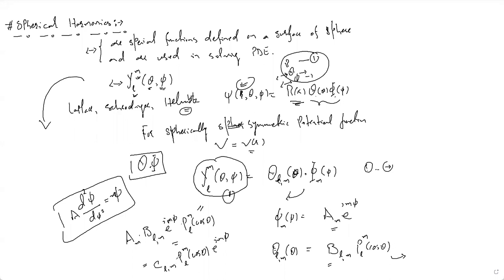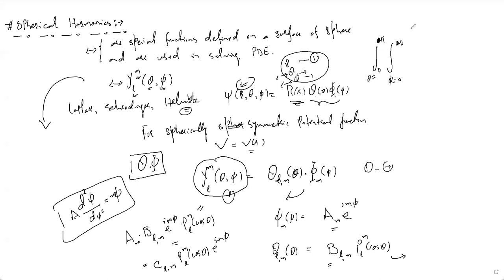Now the value of the constant C_lm can be obtained from the normalizing condition. What is the normalizing condition? It is used to find these constant values. Let me write it here: theta running from 0 to pi, and phi running from 0 to 2 pi.